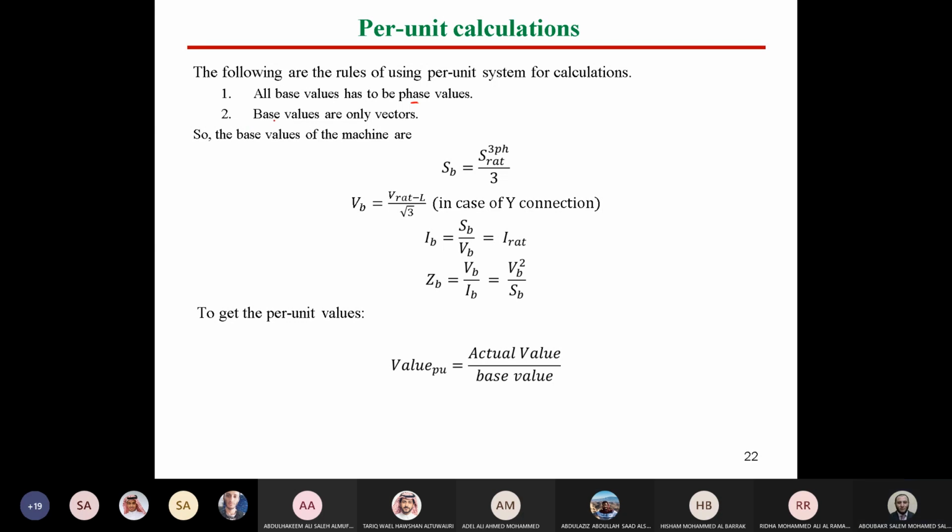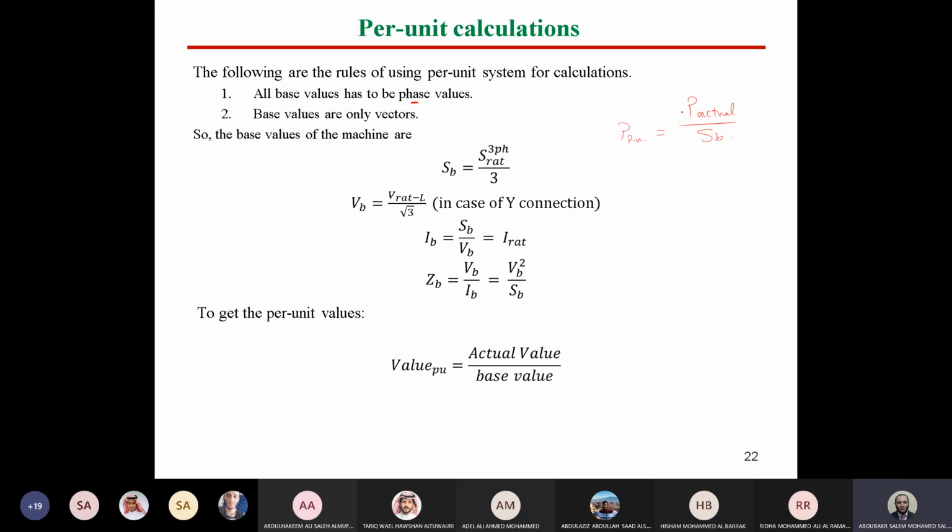Number 2, base values are only vectors, which means we have S base, but we don't have P base or Q base. If you would like to calculate P in per unit, we can say it's equal to P actual value over S base.